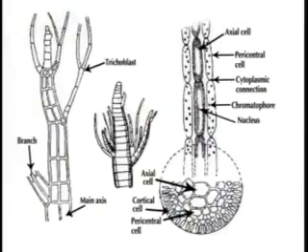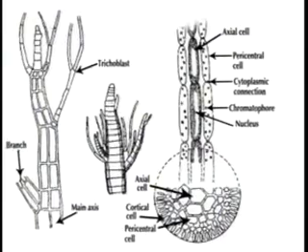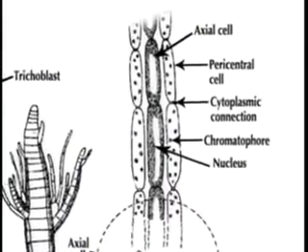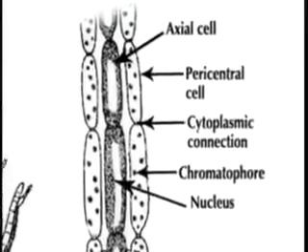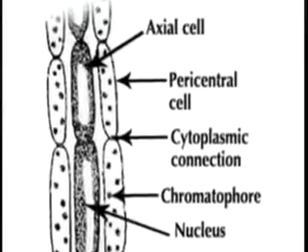When seen under low power of microscope, the thallus consists of several tiers of cells placed end to end. The cells of central siphon are large, elongated and uninucleated. They are called central or axial cells. The cells of the peripheral siphon are narrow and are called pericentral cells.